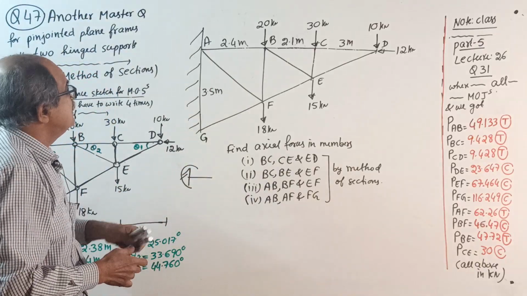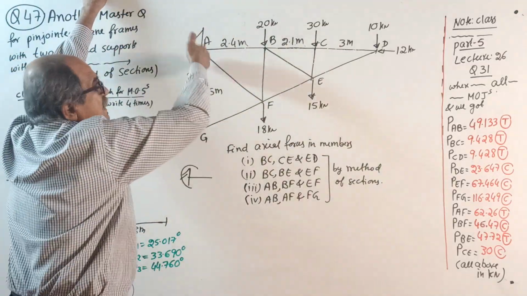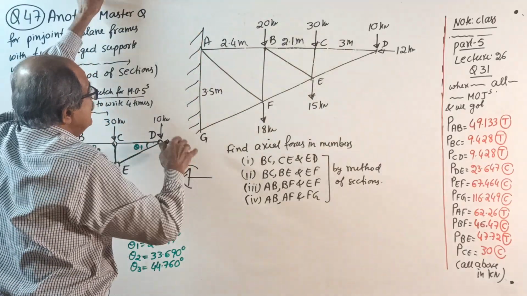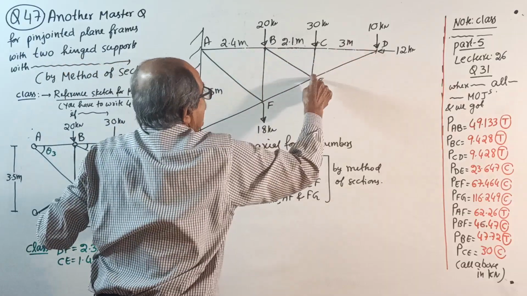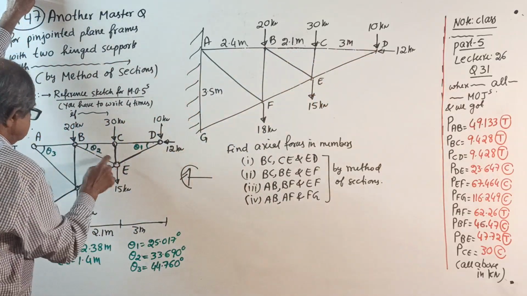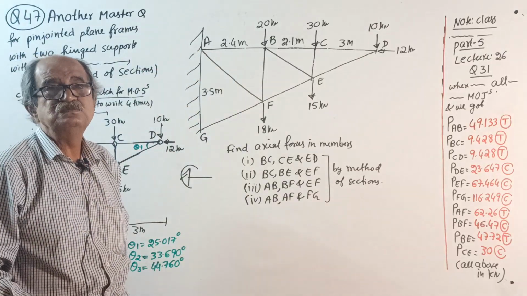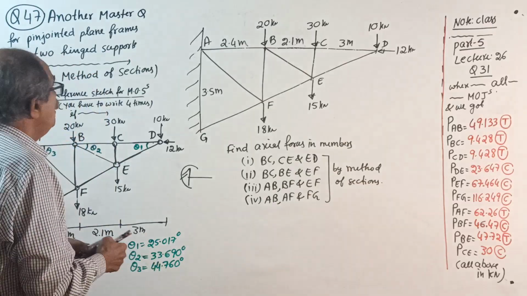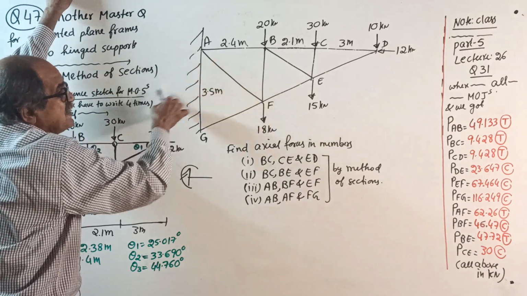This is some surface or maybe a wall. So these are all pin joints. I wrote pin joints here. This is actually a hinged support, pinned. So even if they give it this way, remember this is not fixed.